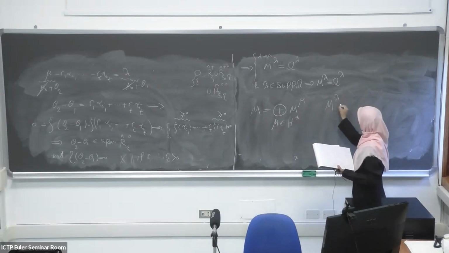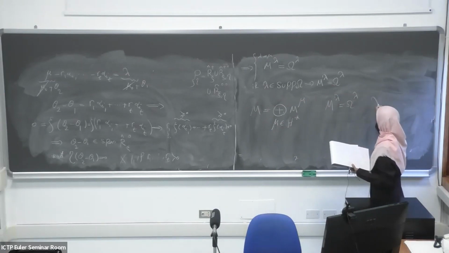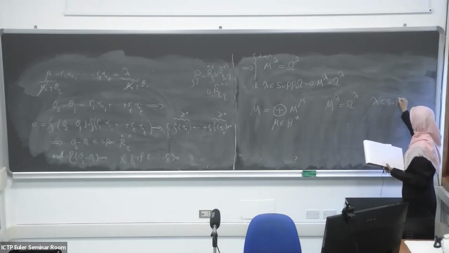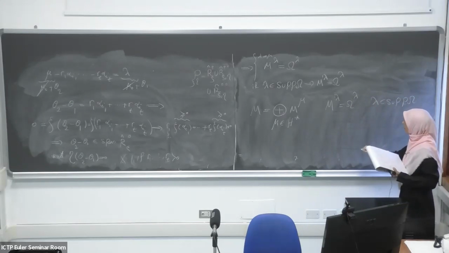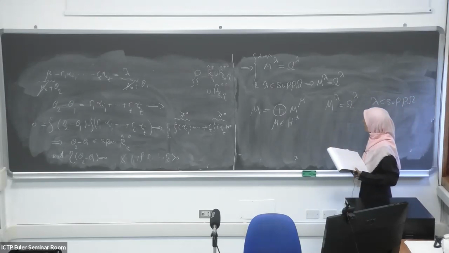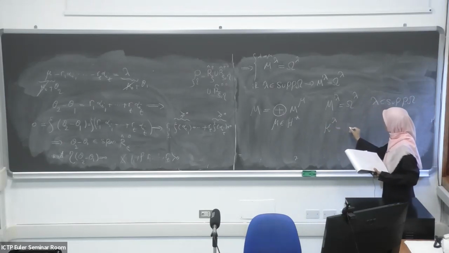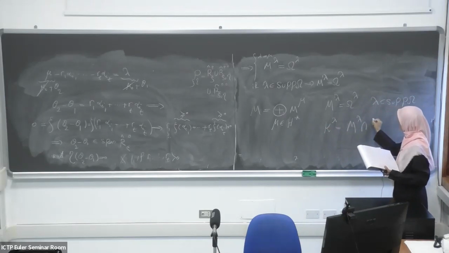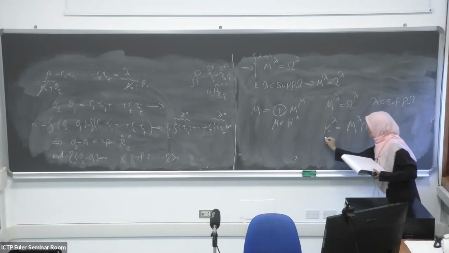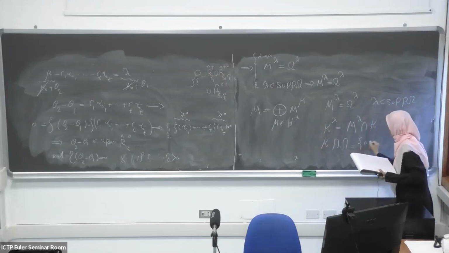M lambda equals omega lambda if lambda is an element of support of omega. And K lambda equals M lambda intersection K. And we have K intersection omega is 0.